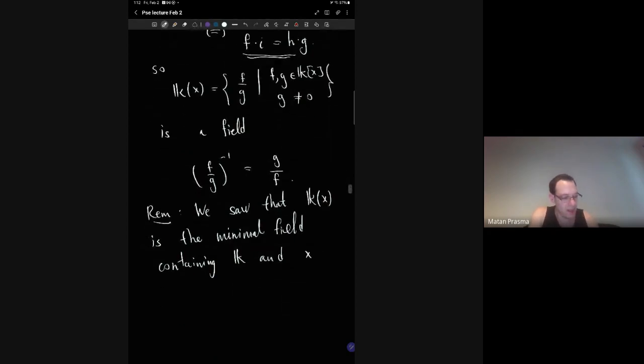Because any field that contains K and the symbol x must contain all polynomials in x. And since it's supposed to be a field, it must contain all the inverses of polynomials, so 1 divided by a polynomial in x, and we get the function field.